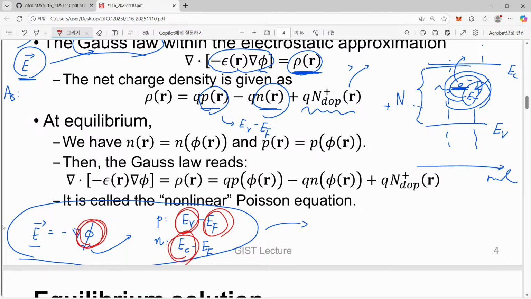Fortunately, all of them can be eliminated, and we can have just one thing: electrostatic potential. For that purpose, we must express our EC, EV and EF in terms of this electrostatic potential. I will quickly show you how to do that.